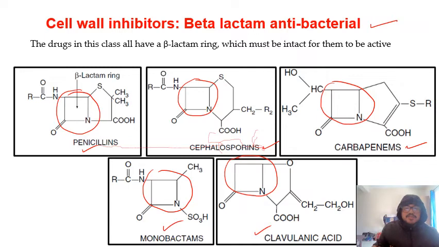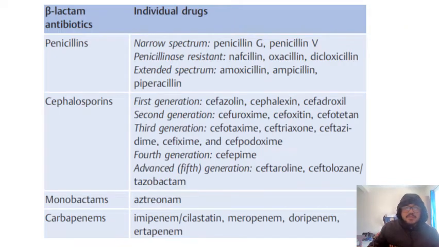So let's move on to the first class of drug, that is penicillin. Before going on to penicillin, let's see some examples of the different types of beta lactam antibiotics. For penicillin, you can see penicillin G, penicillin V, nafcillin, oxacillin, dicloxacillin, amoxicillin, ampicillin, piperacillin.